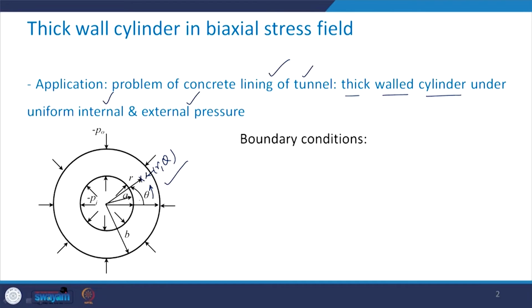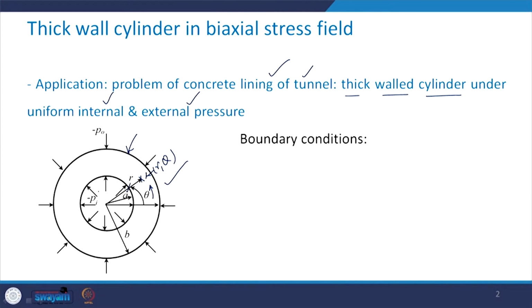The radius of the tunnel is a, and the thickness of this thick wall cylinder is b minus a. That means the outer periphery, the outer circle, has a radius of b.